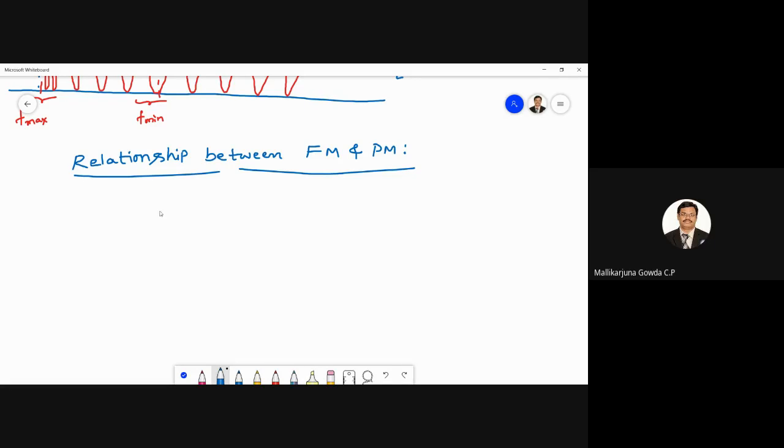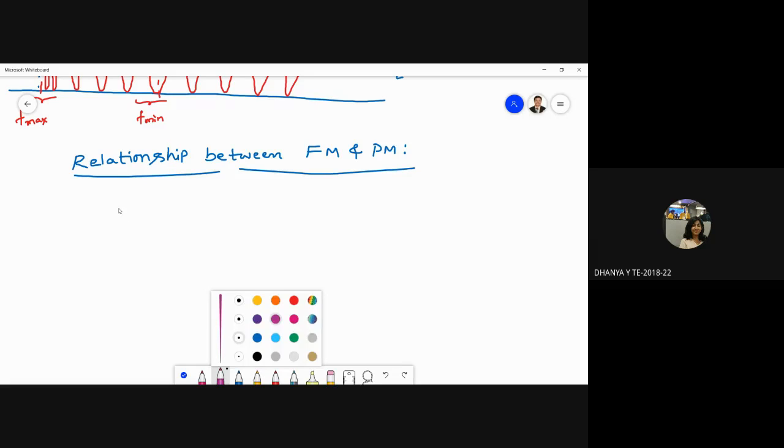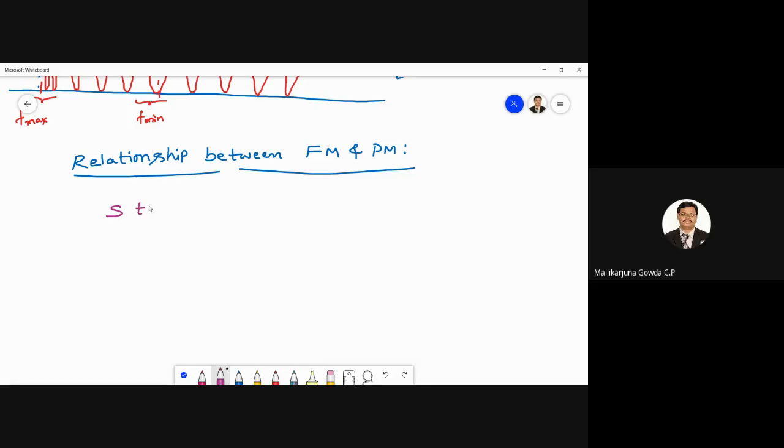Can you say what is the expression I can write for the PM modulated signal? S of t, let me write the suffix as PM to say it is a phase modulated signal.